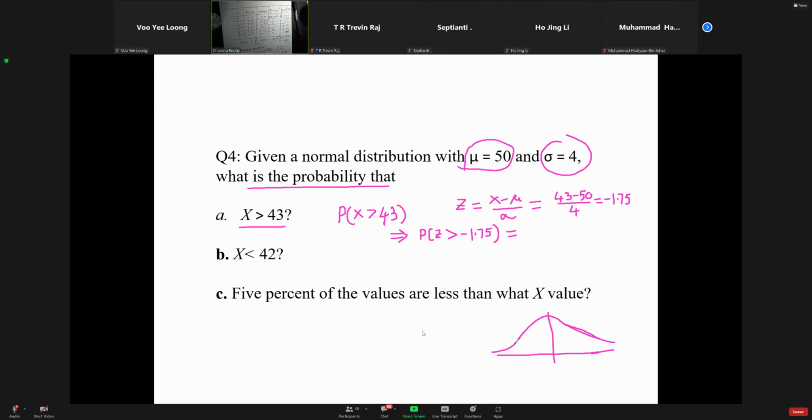Negative 1.75 is something like this. Dennis, your answer is correct. You are looking at the entire area.